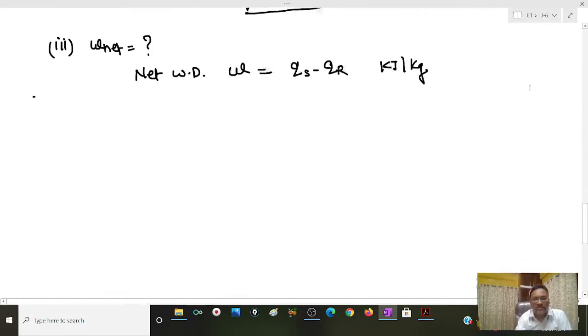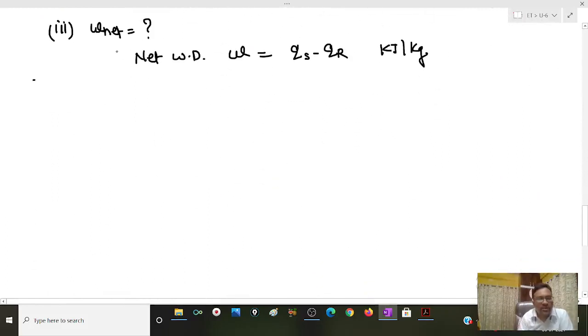And we know that heat supplied at constant volume causes change in the internal energy. So QS will be delta U 2 to 3, and this will be equal to Cv (T3 minus T2).